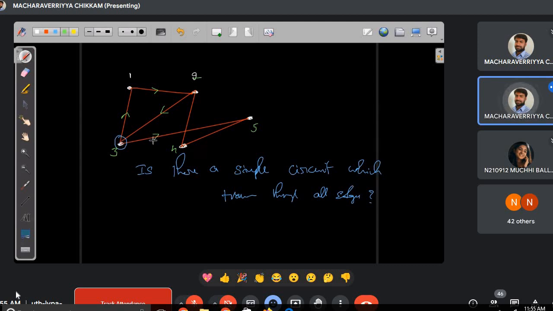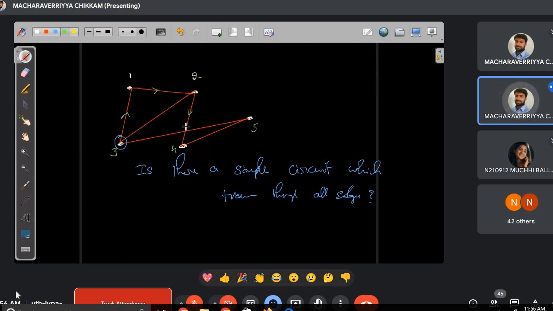Then 3 to, yeah, that's it. If I come back to 3 here and if I leave 3, now I can't come back to 3 again because I utilized all edges which are incident to 3. So this way doesn't work.